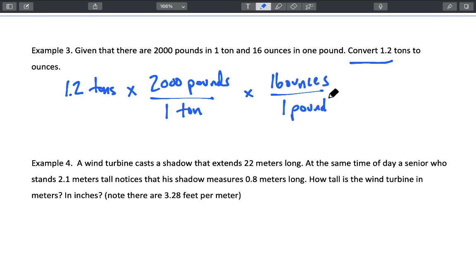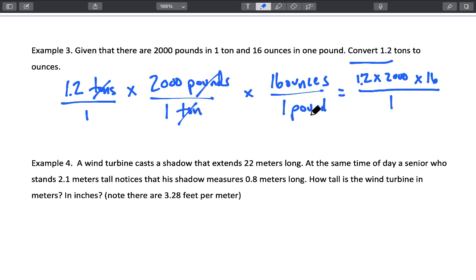Now you can see as we multiply straight across, numerators times the numerators, we're going to have 1.2 times 2,000 times 16. And then on the bottom, we're going to have 1 times 1 times 1, which is just 1. What's going to happen to our units? Well, tons are going to divide by tons.